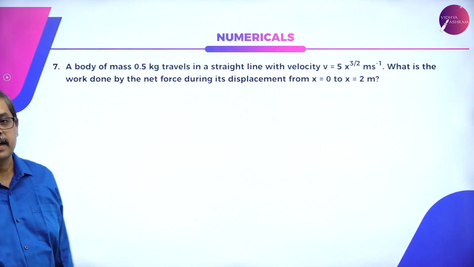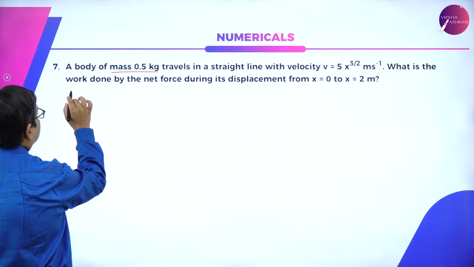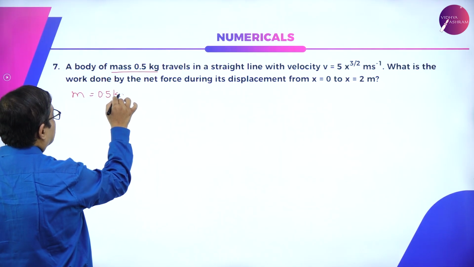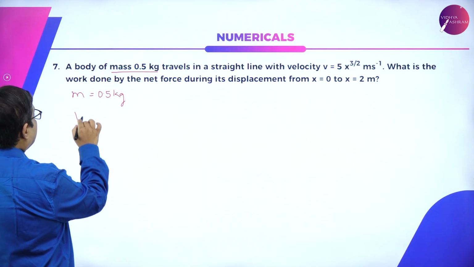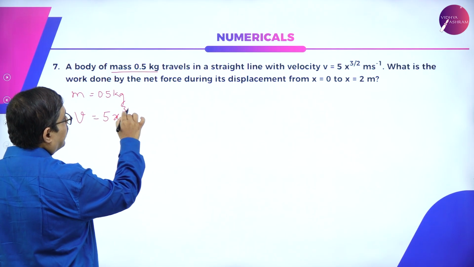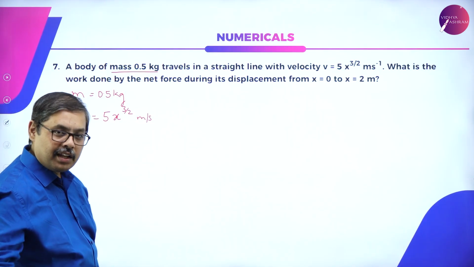Let us have a look at another problem. A body of mass 0.5 kg travels in a straight line with a velocity v equal to 5 x to the power 3 by 2 meter per second. He has not directly given any velocity to me.